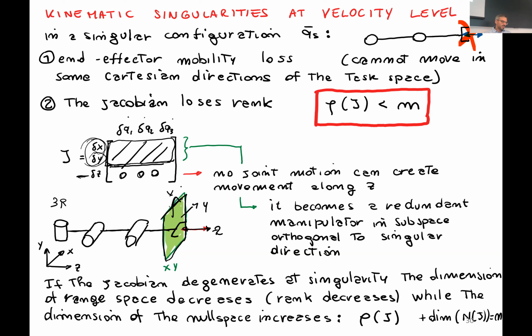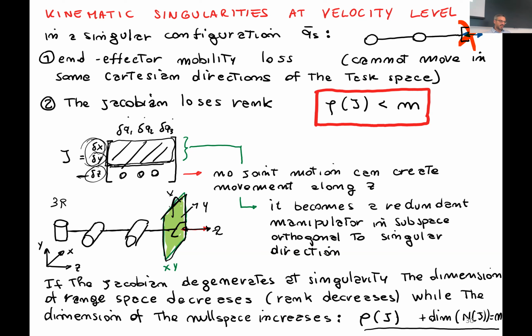This means that if the Jacobian degenerates at the singularity, the dimension of the range space decreases. We saw that. We lost mobility because the rank decreases, while the dimension of the null space increases accordingly. Why? Because of the rank nullity theorem.